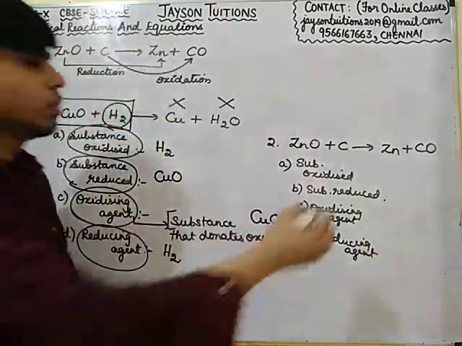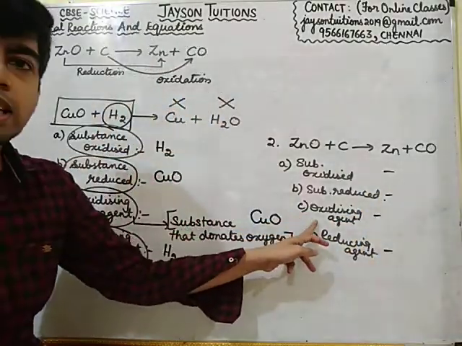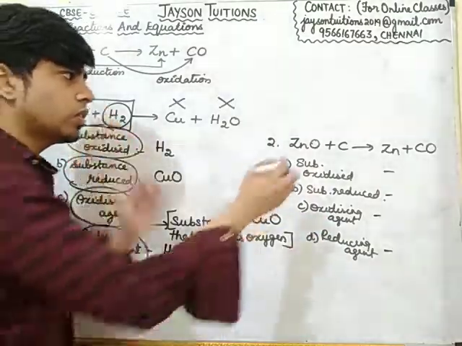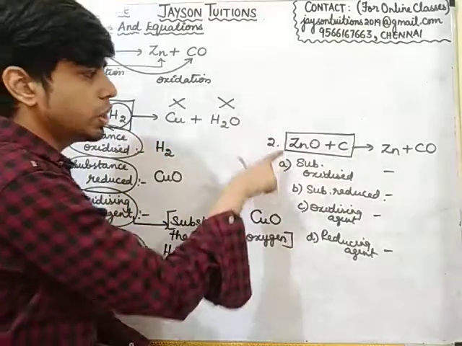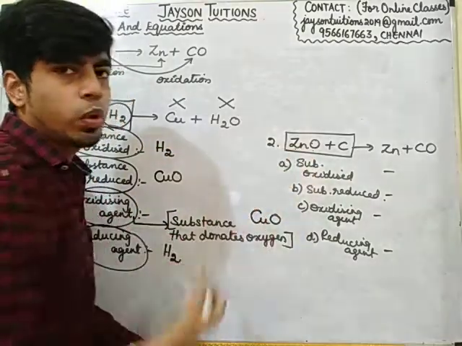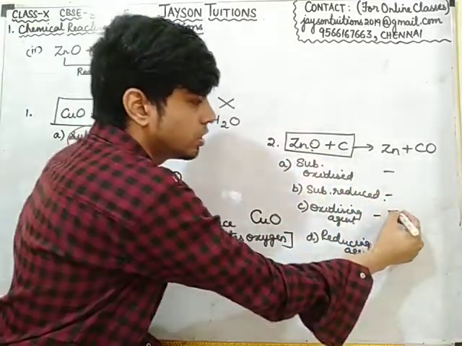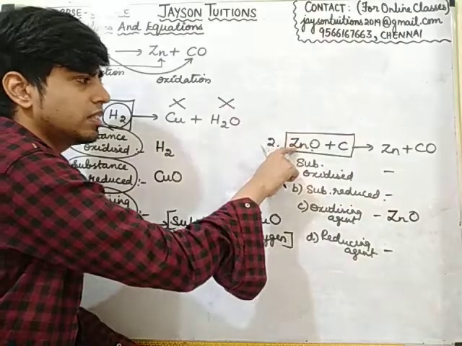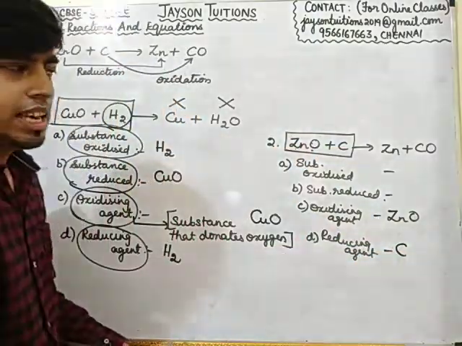First we will find the oxidizing agent. Oxidizing agent means the substance which donates oxygen. Always see only the reactant side. Only ZnO has oxygen, so it will donate oxygen. So the oxidizing agent is ZnO. If this is the oxidizing agent, then C will be the reducing agent.